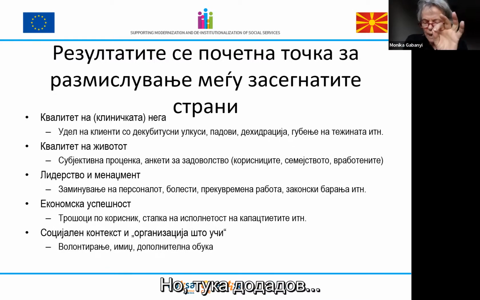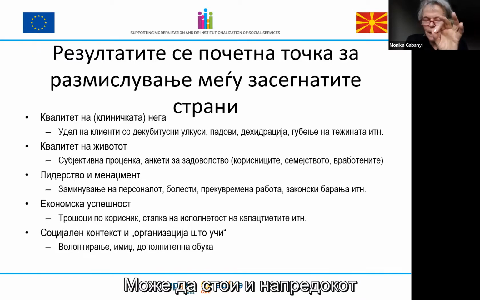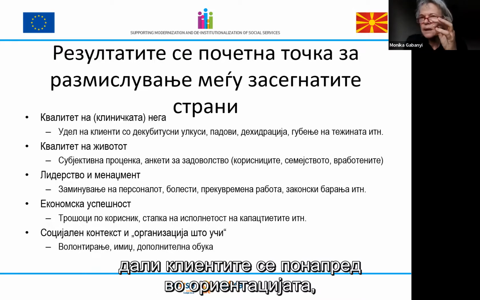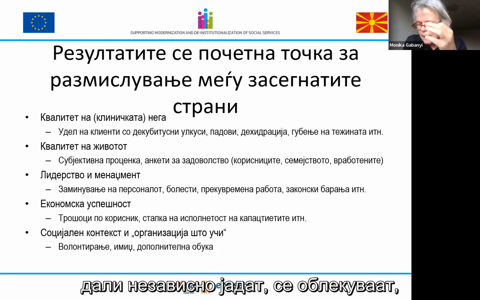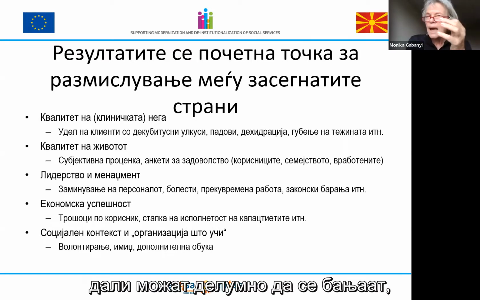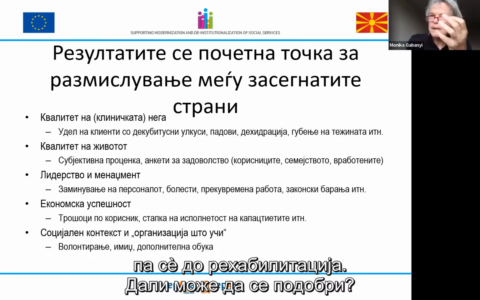But I would also add here progress in whether the clients are oriented, whether there is progress in orientation, whether they are independent in, let's say, eating, dressing, partly bathing, through rehabilitation.